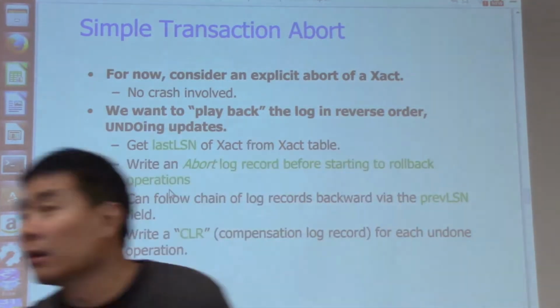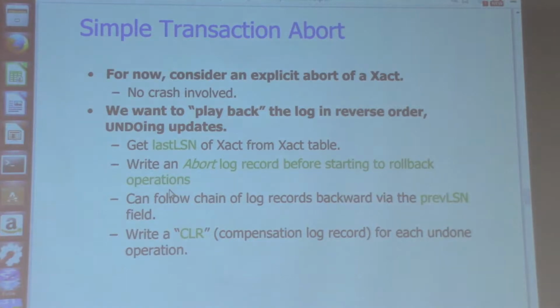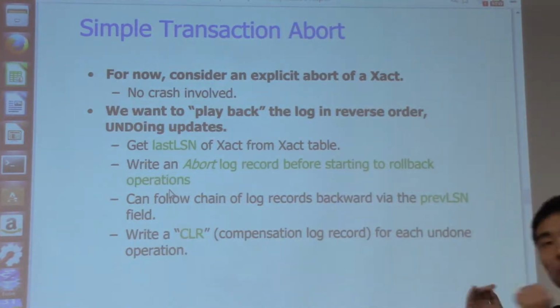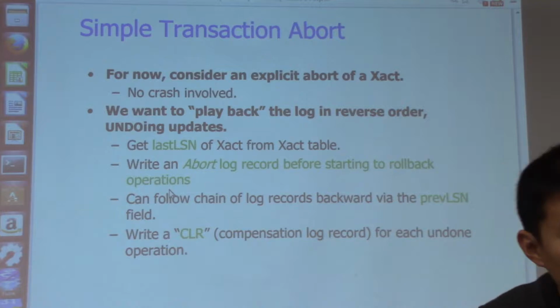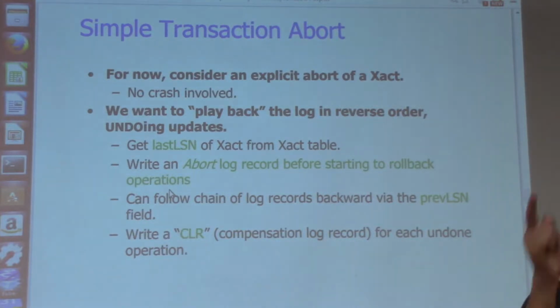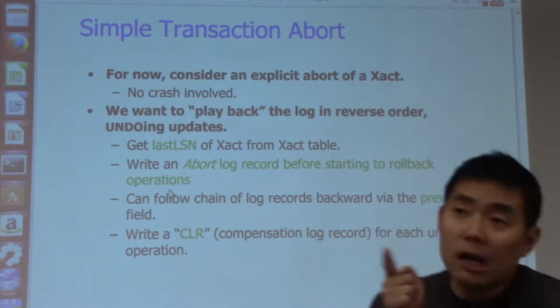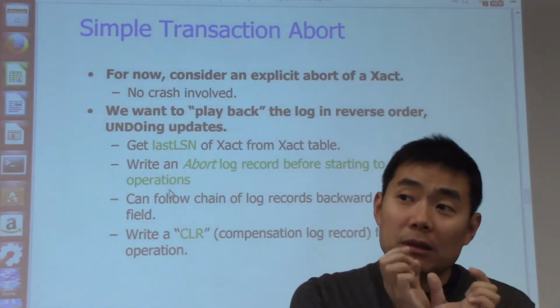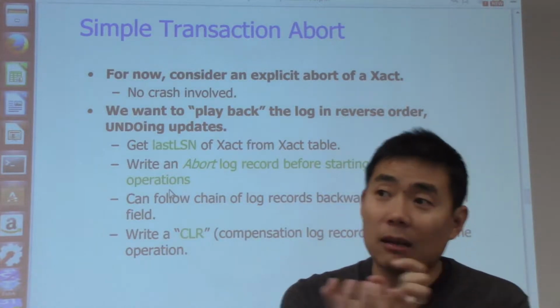Yes? Do you need to make sure the CLR is written before you do the undo? Excellent question. Charlie's point is, while I'm doing this undo, and before I have finished writing the CLR, the system crashes again. But remember, a CLR is nothing else but another update operation, and we still obey the write-ahead logging requirement.